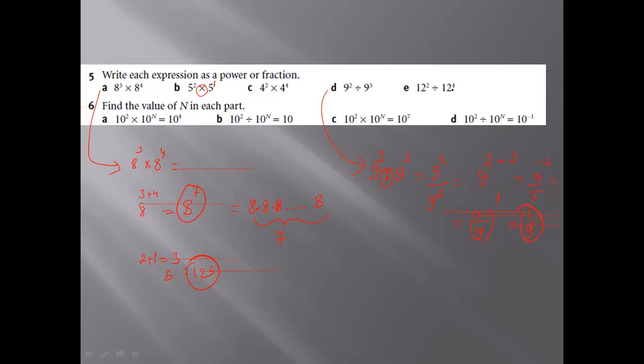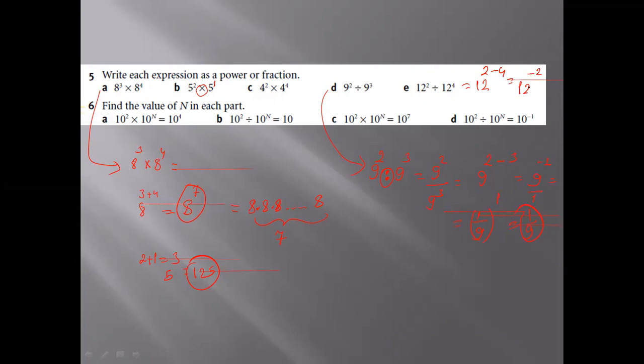Okay, and here also you can follow the same way. The bases are the same. 12 power of 2 minus 4, because we have divided by 12 power of 4. 2 minus 4 is minus 2, so 12 power of minus 2.